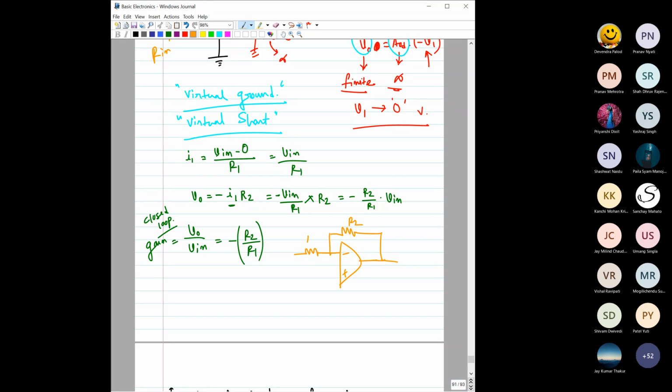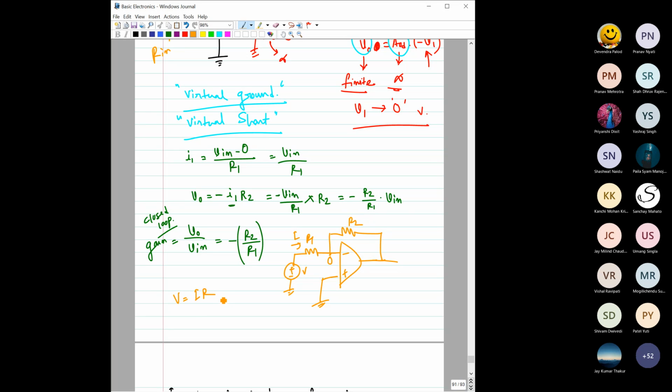It is R2, it is R1. This is 0, so the potential here is also 0. You apply one known voltage V and try to find the current. So V would be equal to I into R.